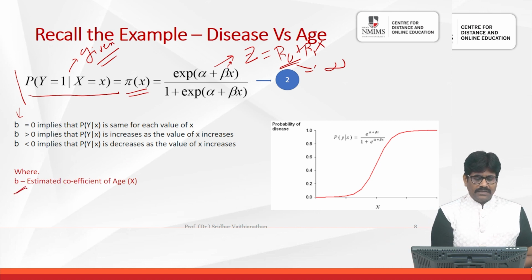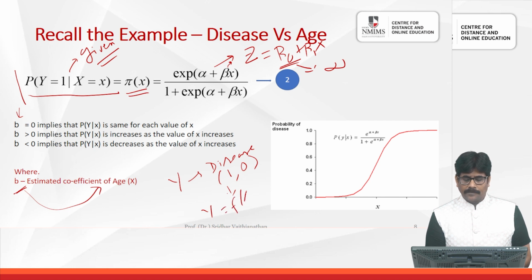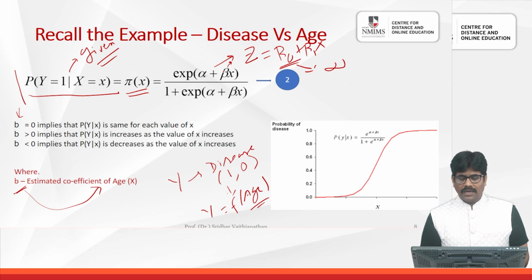Obviously, what is b? b is the estimated coefficient of x. In this case, we are taking y as disease, your dependent variable, whether you have it as 1 or not as 0, and we are trying to understand whether y is related to age. So we can understand beta as the coefficient of age.